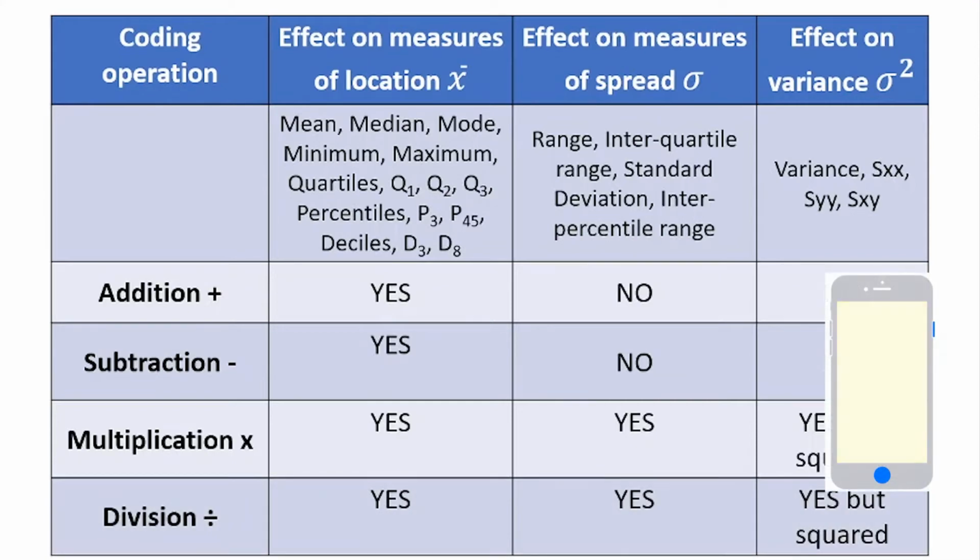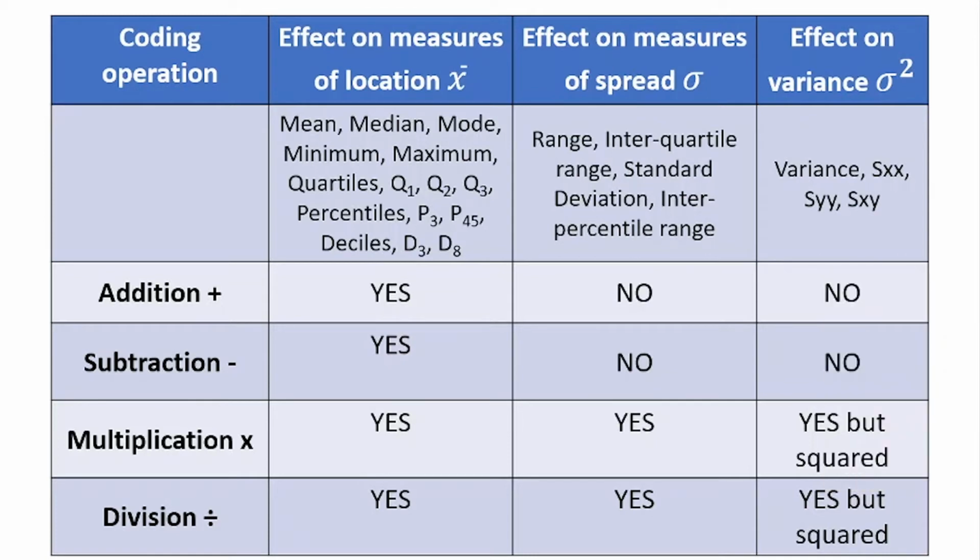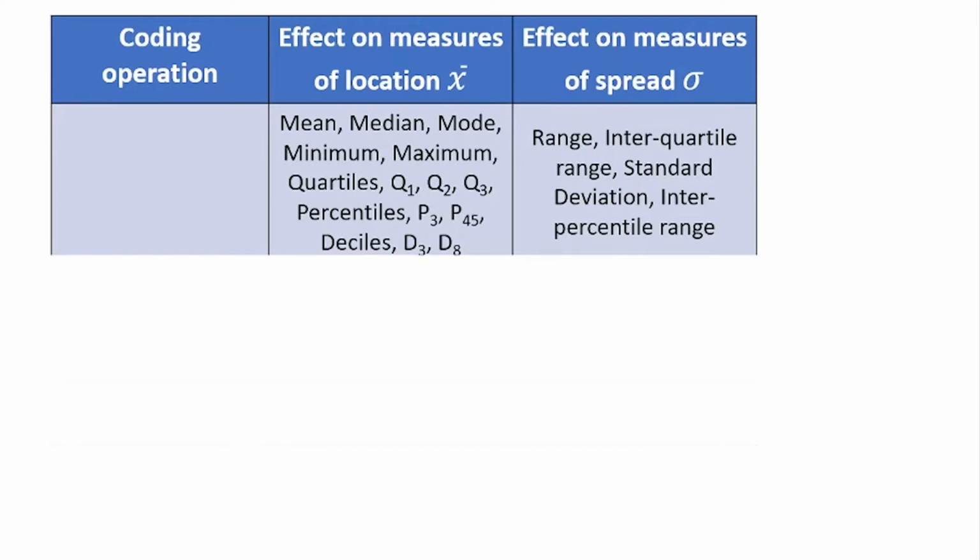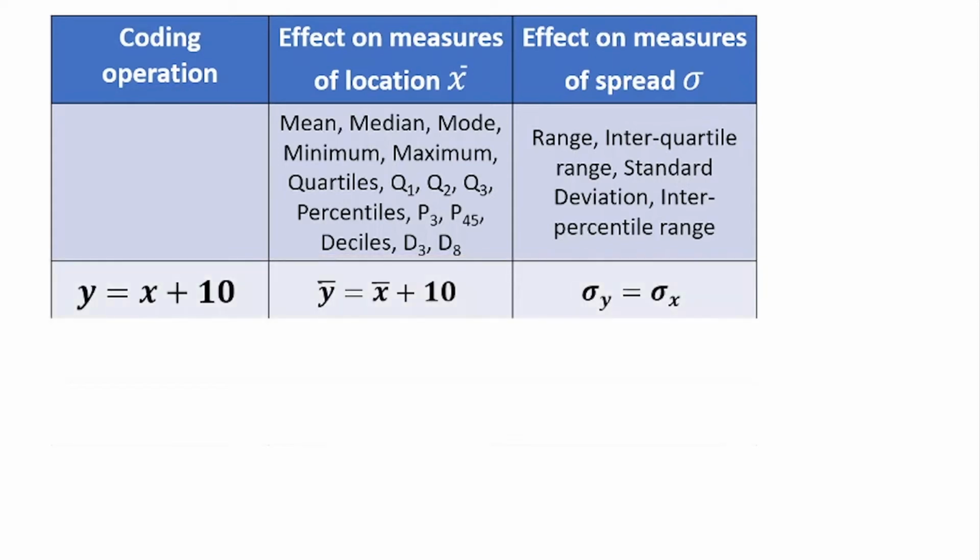So, to summarize, the only operations to affect measures of spread are multiplication and division, whereas all operations, adding, subtracting, multiplying, and dividing, will affect the measures of location. So what this means is that when you're told a coding formula, you could rewrite it to specifically represent your measure of location or specifically represent your measure of spread.